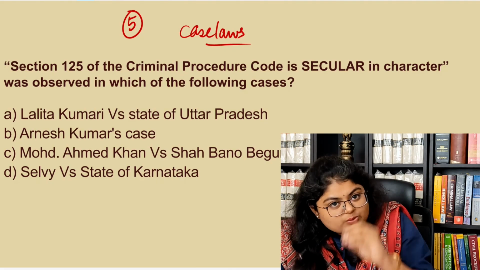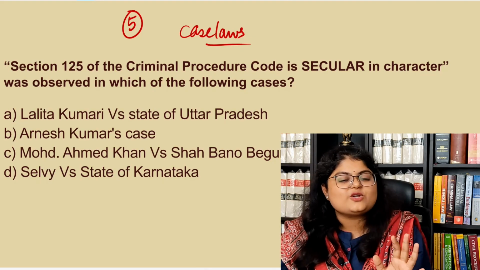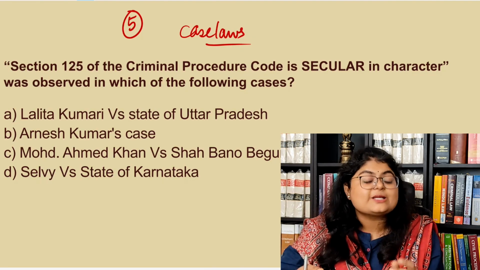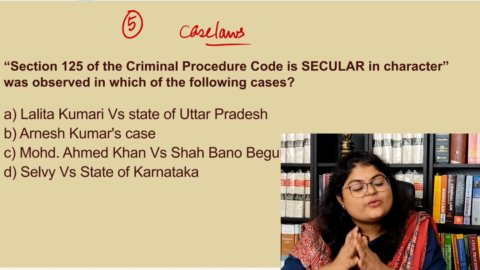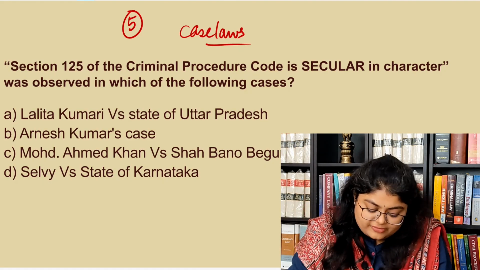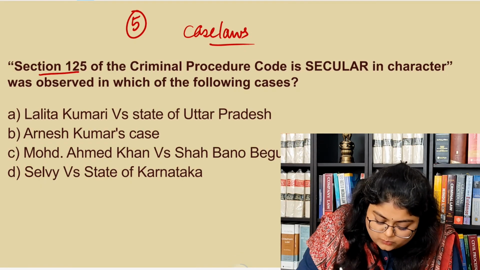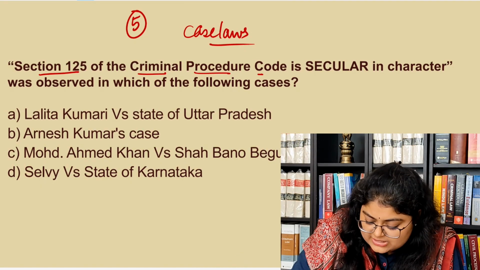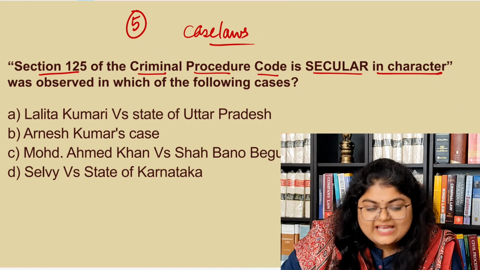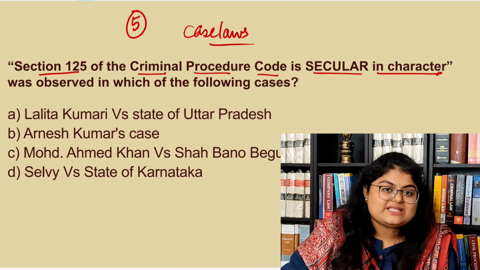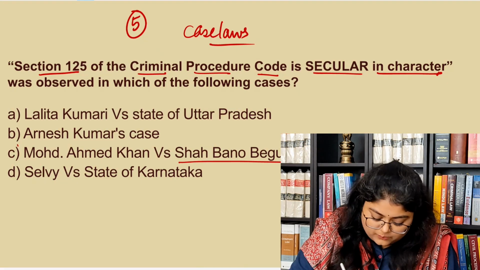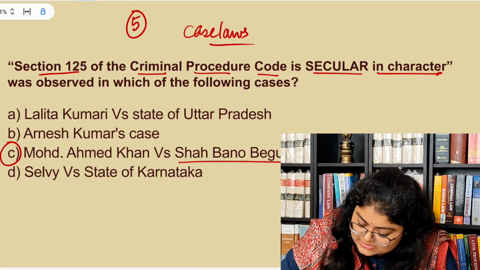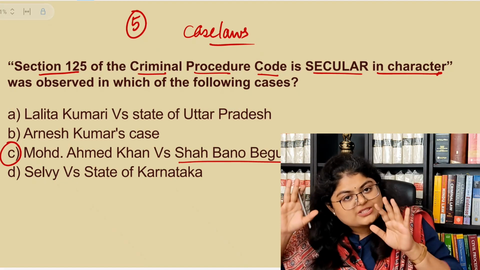Even though today Section 125 CrPC is not there, it is replaced by BNSS, what the particular case law has said is still going to remain the same. In this question, Section 125 of the Criminal Procedure Code is secular in character. This statement has been said by the Supreme Court in the Shah Bano Begum case, which is option C. So the answer here is going to be option C only.